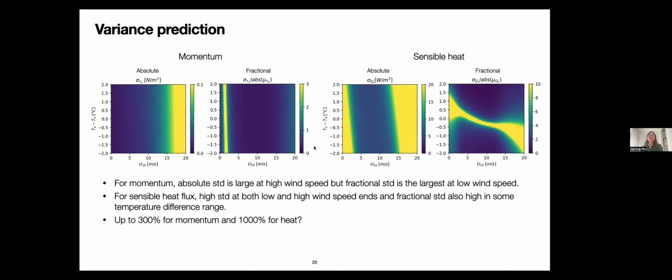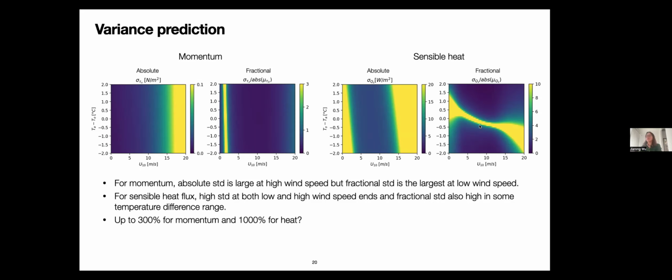And for the sensible heat flux, at least in my current neural network prediction, I see a high standard deviation at both the low and high wind speed ends. And if I look at the fractional standard deviation, it's also pretty high when the temperature difference is really small.